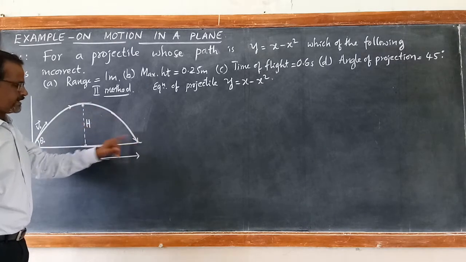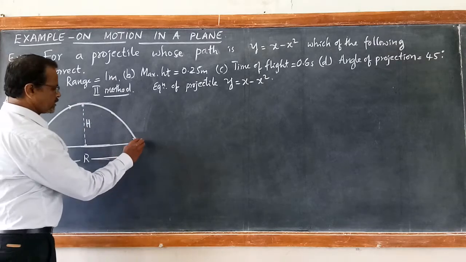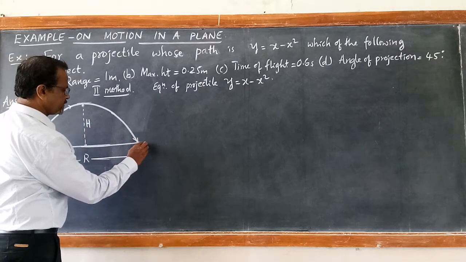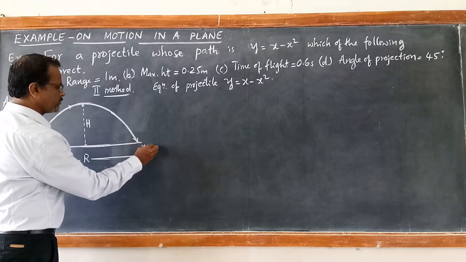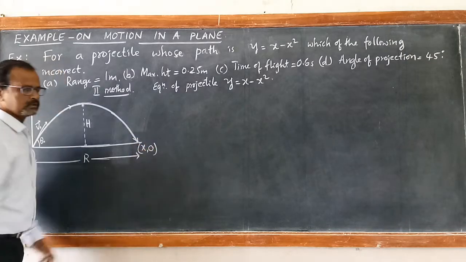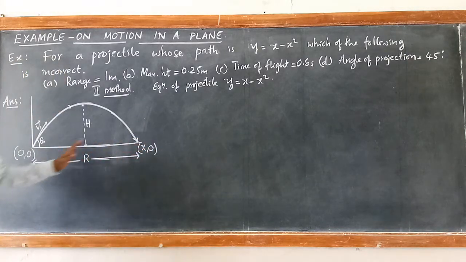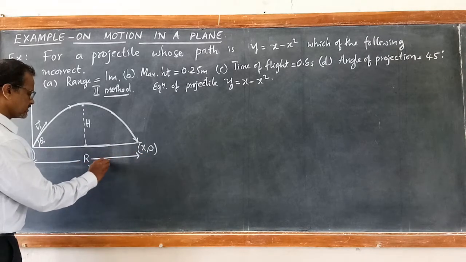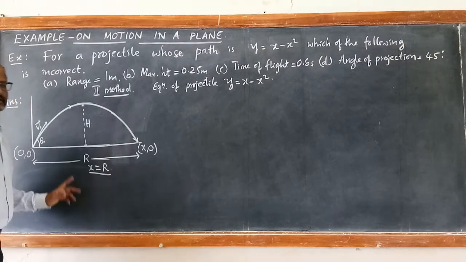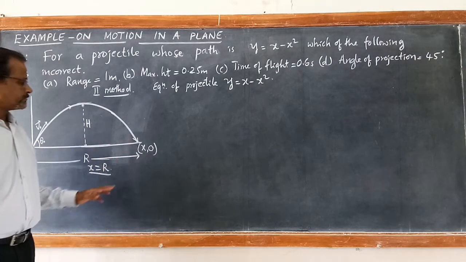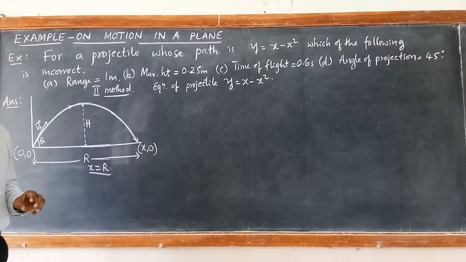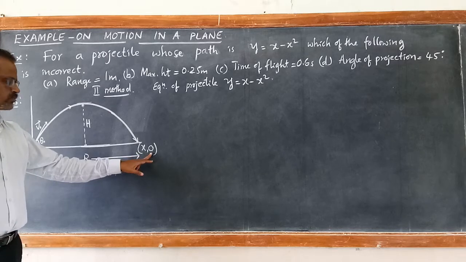When it reaches the same level here, then the coordinate here, let us say, become x, and again y coordinate becomes 0. X, and finally we call this x as the range, that is maximum displacement, that is range. Okay, now we can find out range using this y coordinate 0.